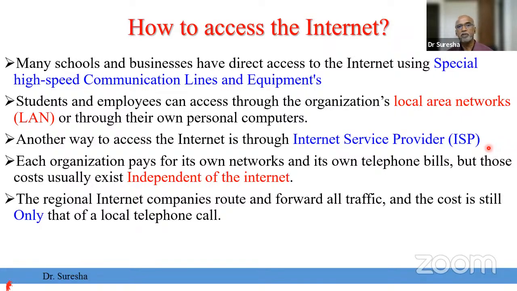Each organization pays for its own networks and its own telephone bills, but this usually costs less and is independent of the internet. The original internet company routes and forwards all traffic, and the cost is still only that of a local telephone bill. The cost of transmitting information from one point to another place is very, very low.